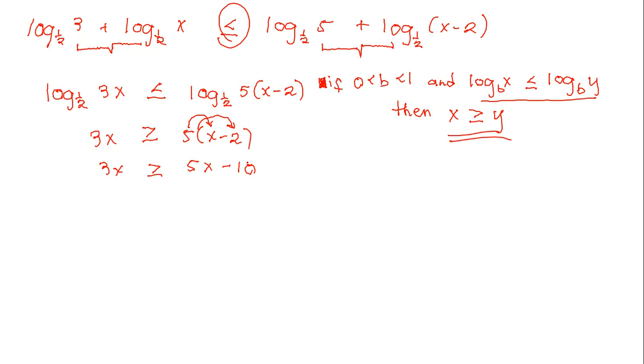Isolate all the variables, put it on the other side of the inequality, while yung constant dun lang po sa kabila. So itong 5x will be transposed. So 3x minus 5x is greater than or equal to negative 10. Evaluate 3x minus 5x, we have negative 2x greater than or equal to negative 10.